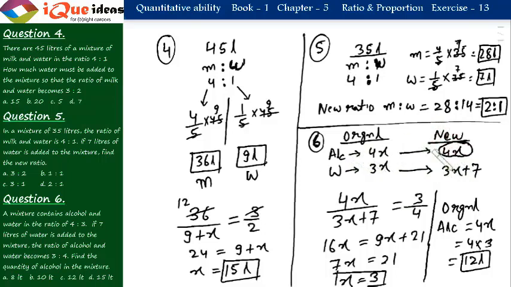The new ratio will be 4x to 3x plus 7, equal to 3 by 4. If you solve this, you will get the value of x to be 3 liters, and the original alcohol quantity will be 4x, which is 4 into 3, that is 12 liters. Okay.